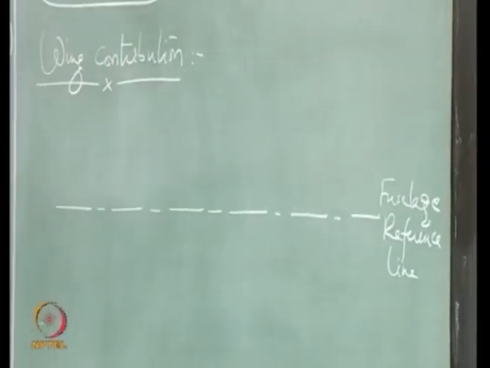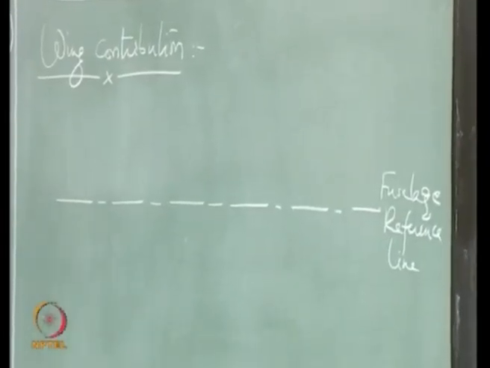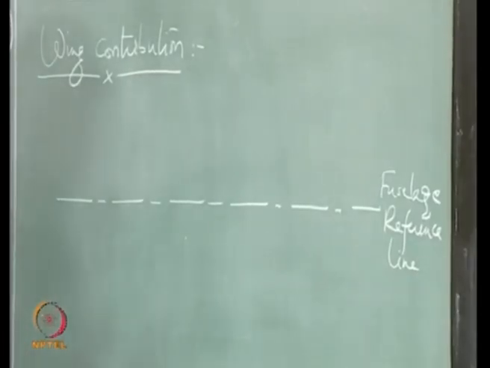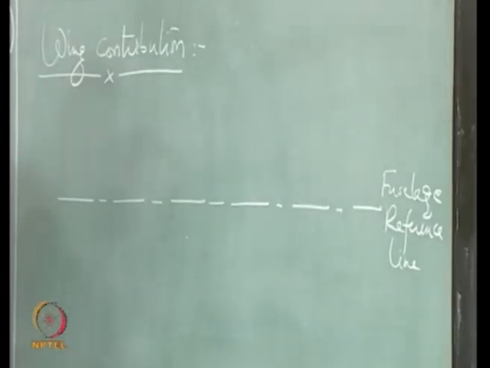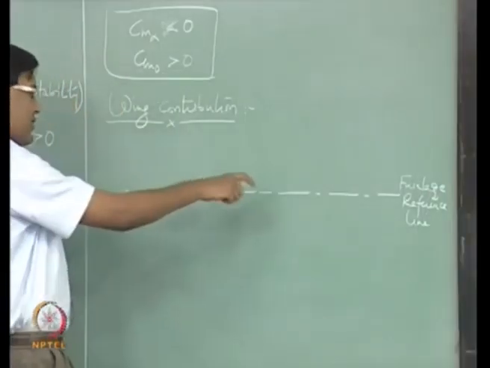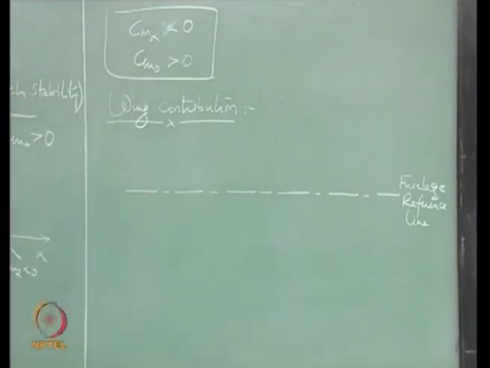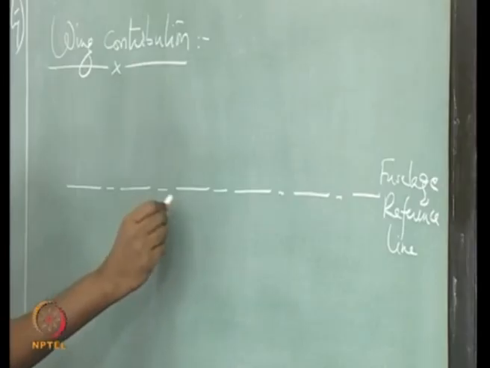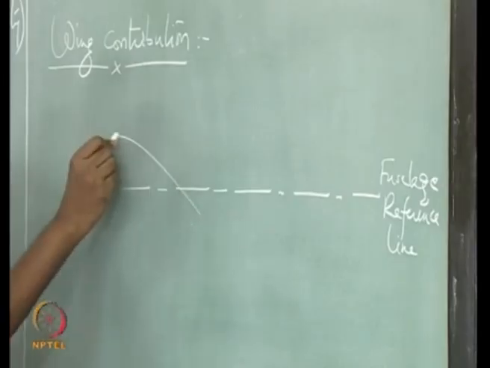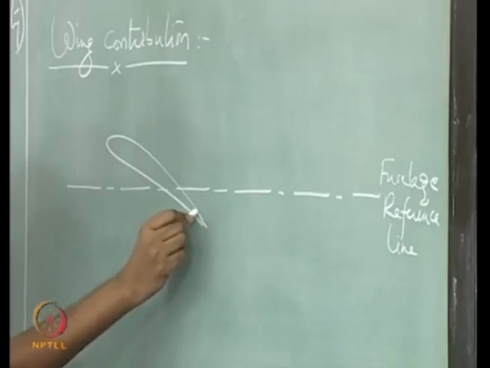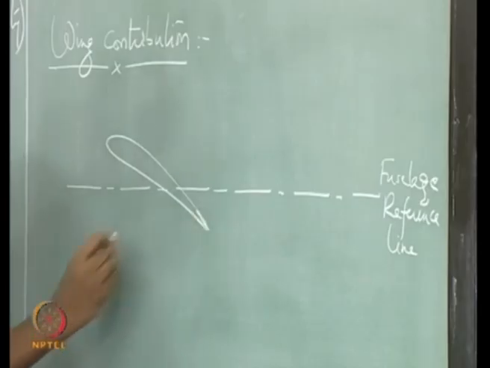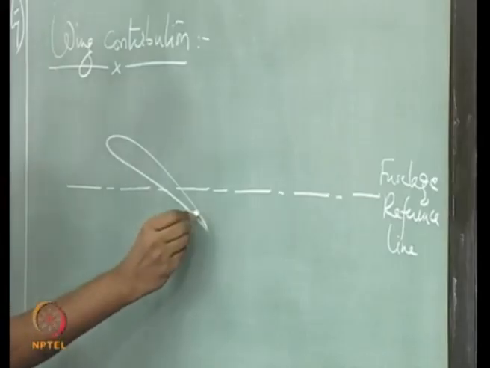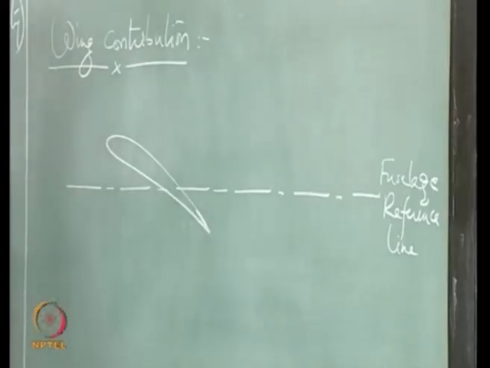Our idea is to look at the sign of this derivative due to different components. This line is the fuselage reference line, which you can obtain by joining the center lines of different fuselage sections. Let us say this is a section of the wing.